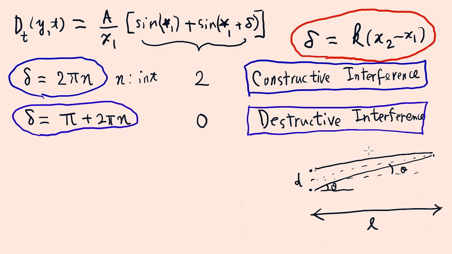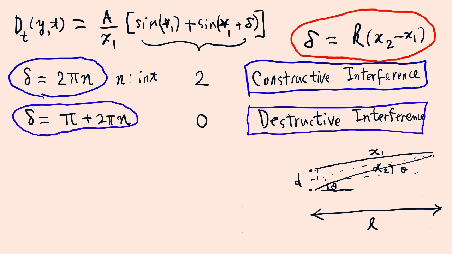So now this is x2, this is x1. Hold on a second. Or maybe I reversed that. So this is x1 and this is x2.